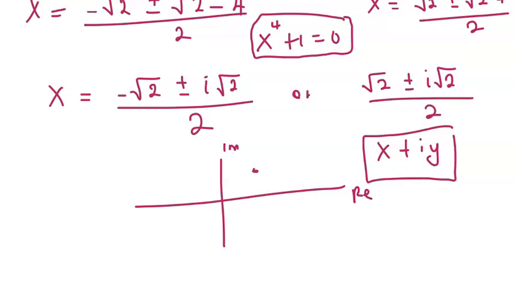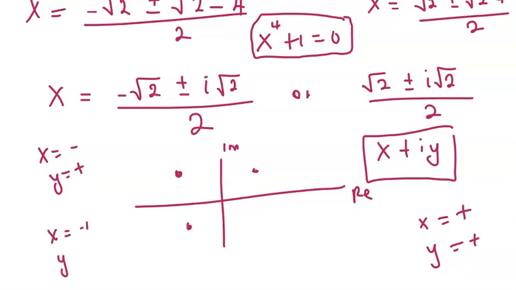So at the first quadrant here, x is positive and y is also positive. For the second quadrant here, x is negative, y is positive. For this third quadrant here, x is negative and y is also negative. And for this fourth quadrant here, x is positive, y is negative.